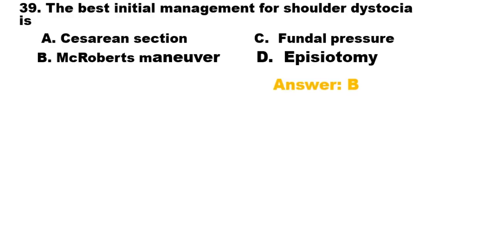You said B, you have got it, because the McRoberts maneuver involves hyperflexing the maternal legs to her abdomen, which helps to widen the pelvis and straighten the sacrum. This results in relieving the shoulder dystocia. This is the best management.